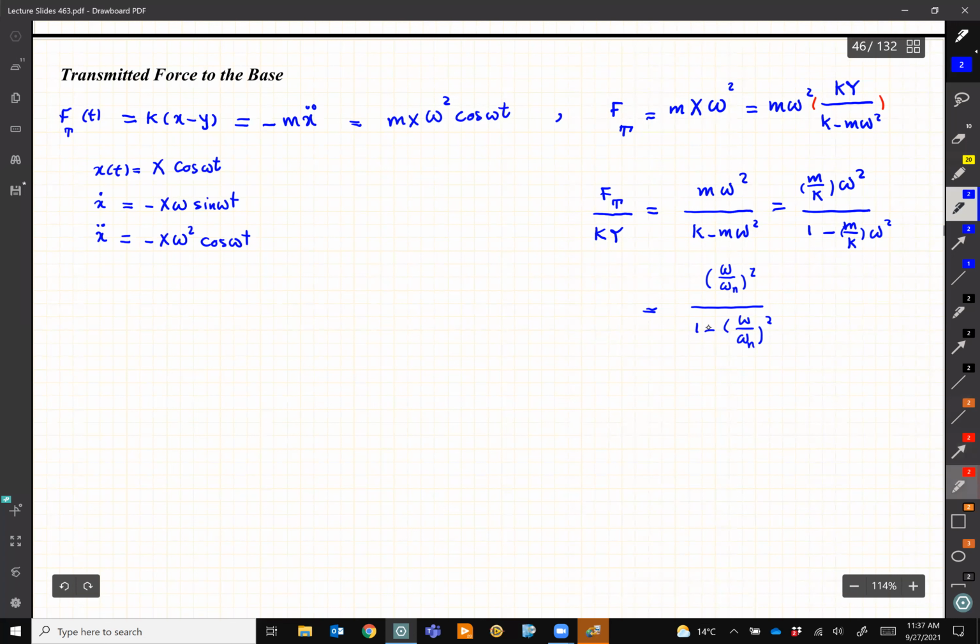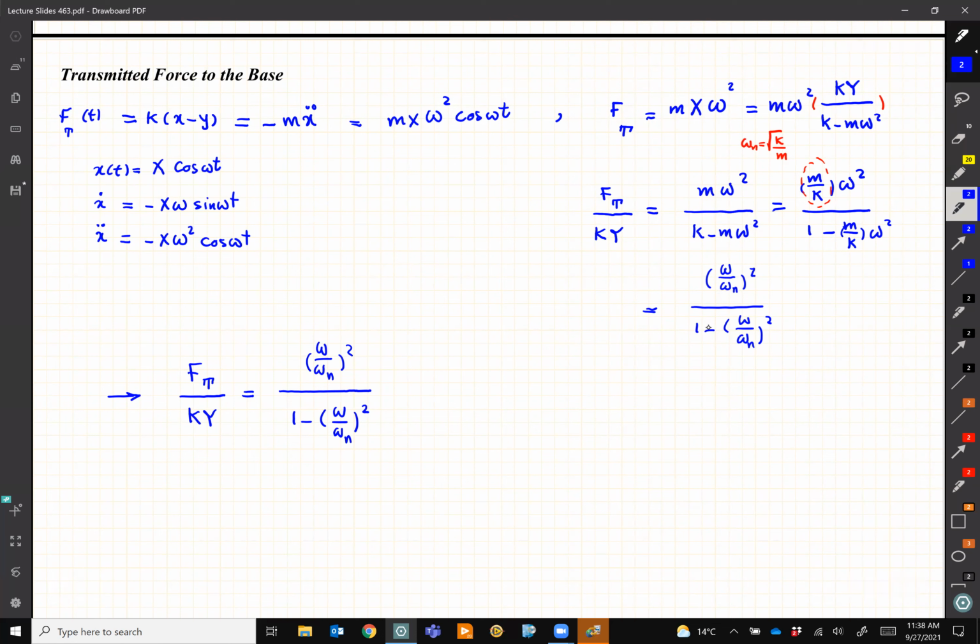Remember this m over k, we know that omega n is the square root of k over m. So what we found here is that the transmitted force divided by Ky is equal to omega over omega n squared over 1 minus omega over omega n squared.